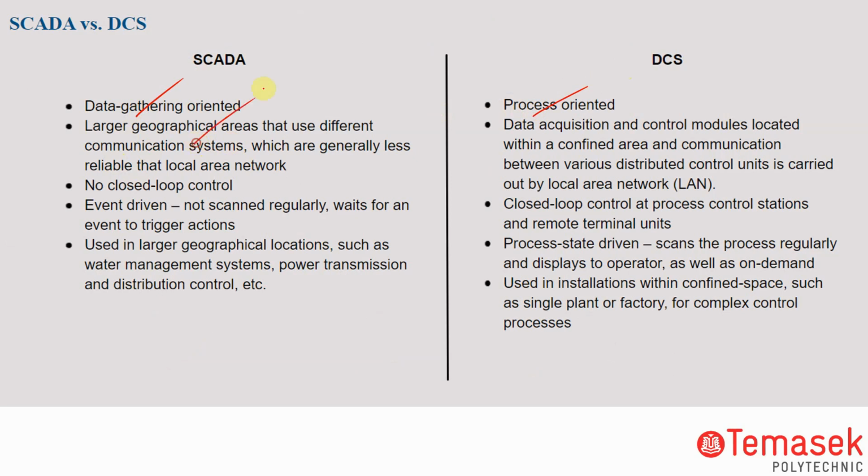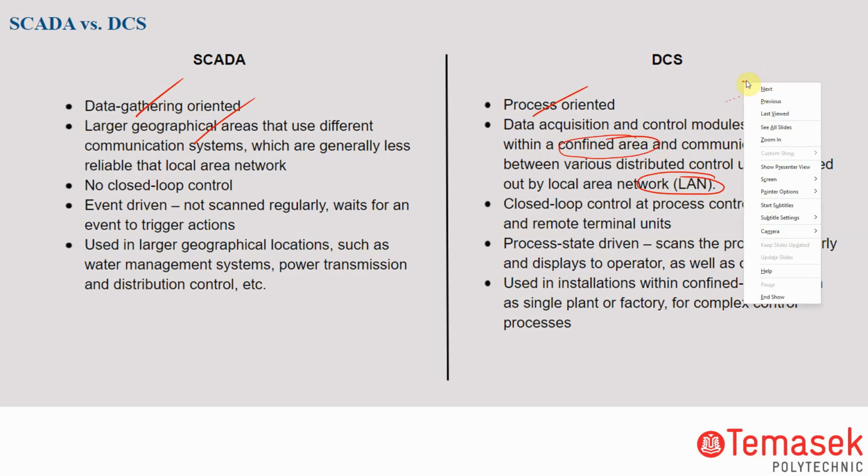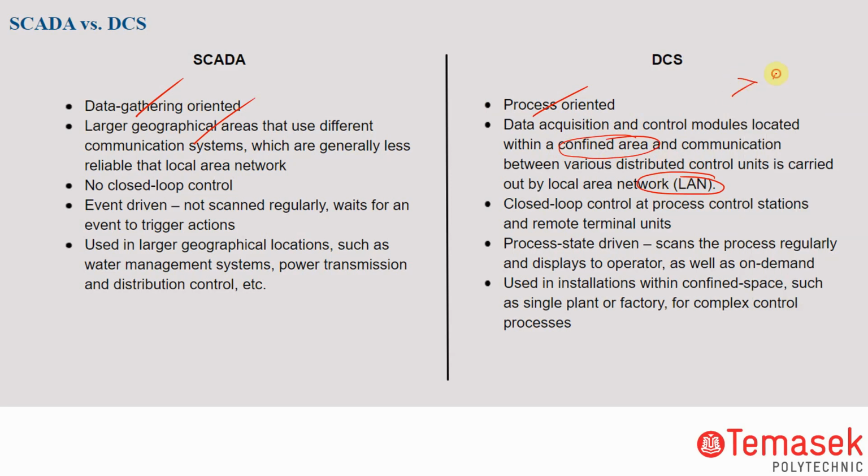SCADA covers a large geographical area. Over here it is confined to a local area network, and when we talk about local area network, we are talking about less than 100 meters. For SCADA we're talking about greater than 1 kilometer. So that's some of the difference.